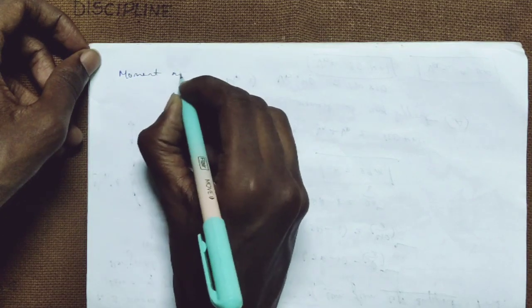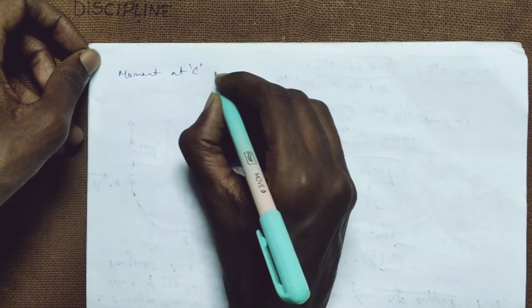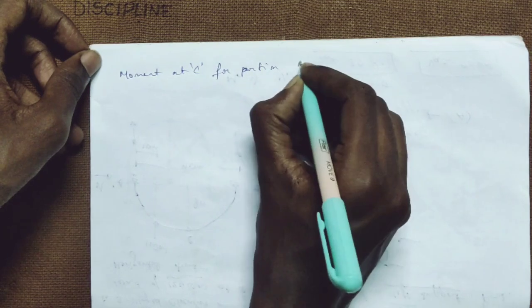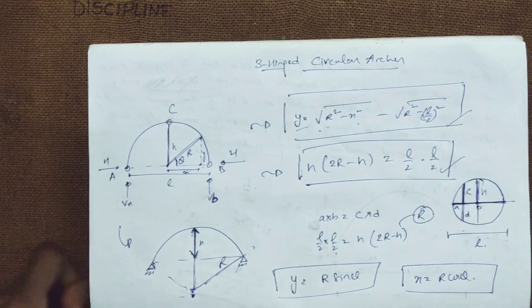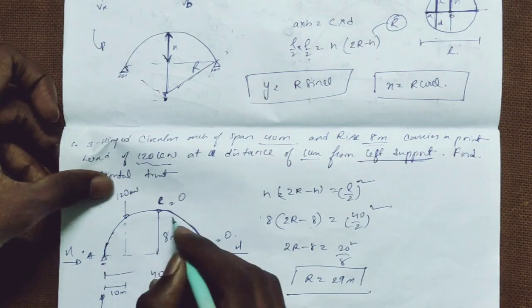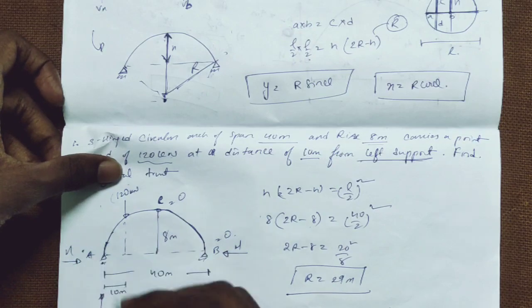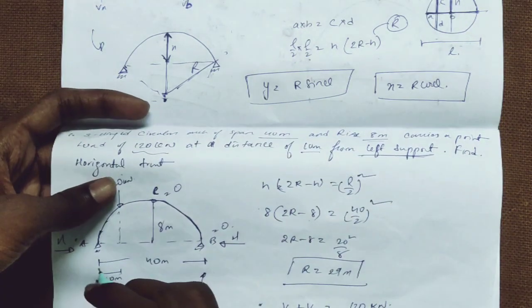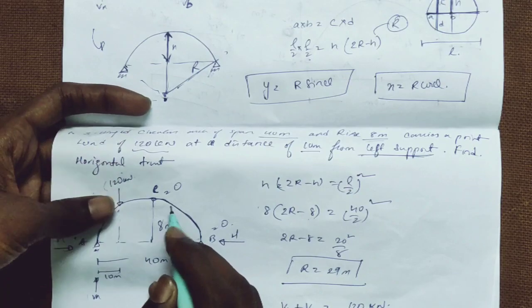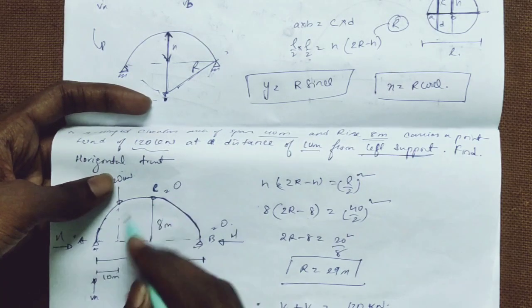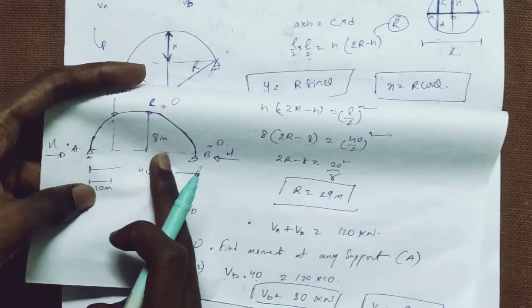Moment at C for portion AC. So for the portion AC, the forces acting here are 120, H, and VA. VA is acting anti-clockwise.